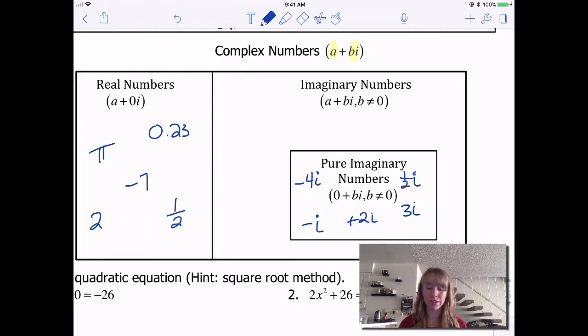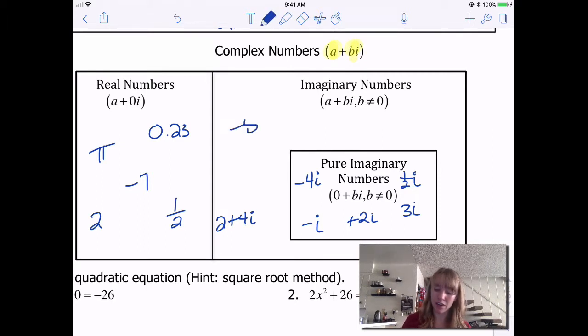And then complex numbers are just the real part and the imaginary part put together. So 2 plus 4i is an example of a complex number because I have a real part and I have an imaginary part. Notice that this a and this b from above are both just numbers.